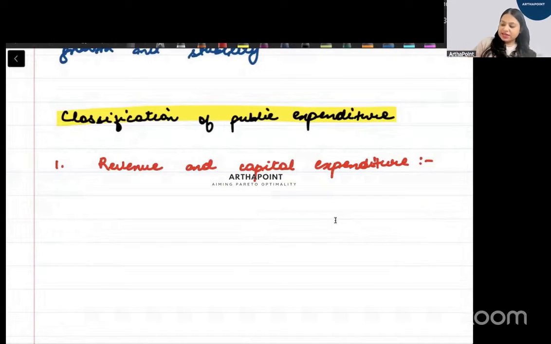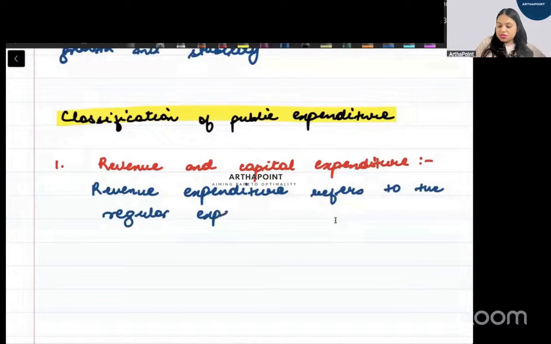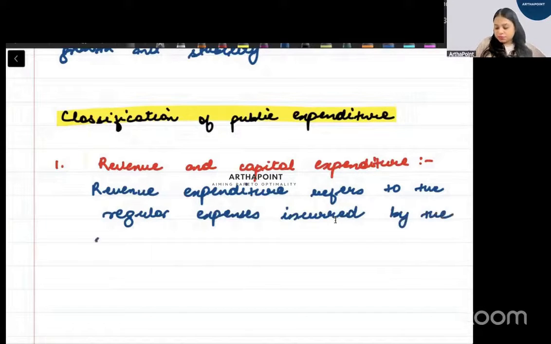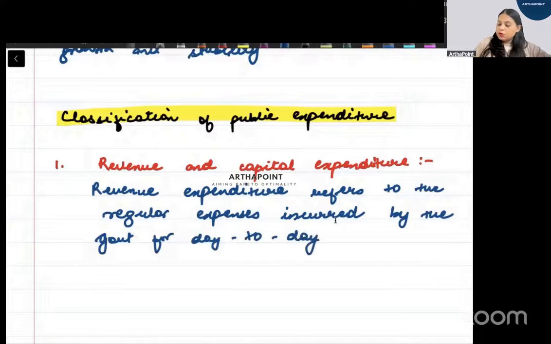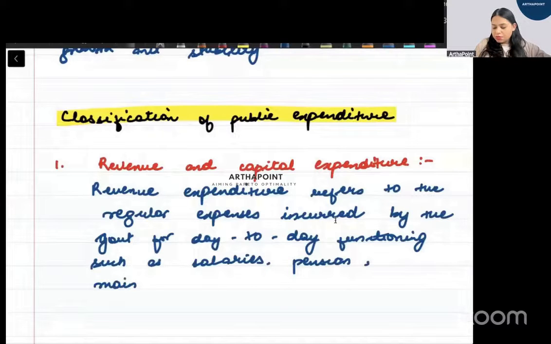So we can say that revenue expenditure refers to the regular expenses incurred by the government for day-to-day functioning, such as salaries, pension, maintenance cost, etc.